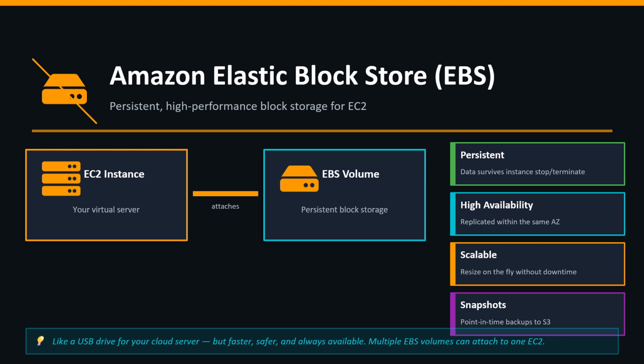When we stop, the data will not be deleted. It is highly available, replicated within the same availability zone. Means when we store any data in the EBS volume, it's replicated automatically. Suppose in one availability zone it's deleted, then the rest will give the backup.